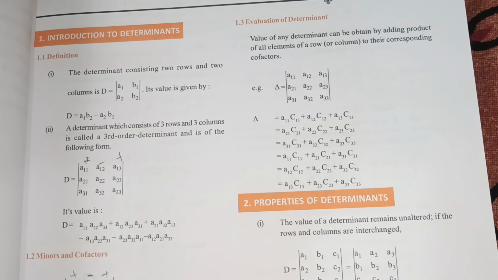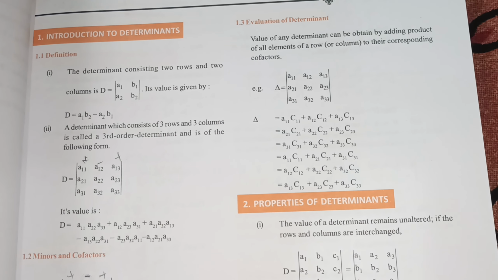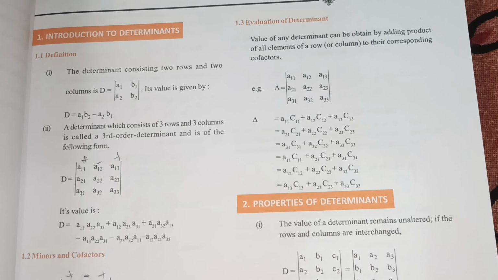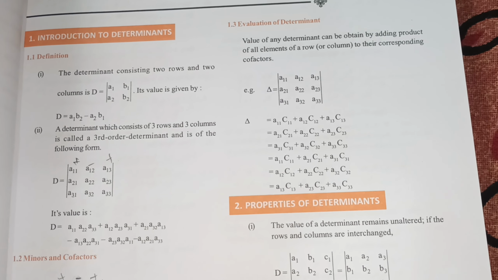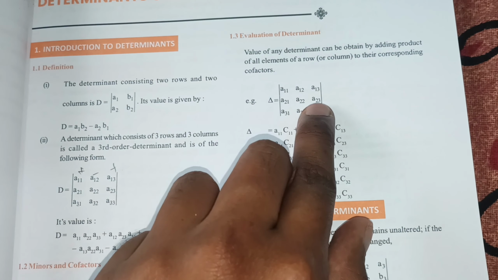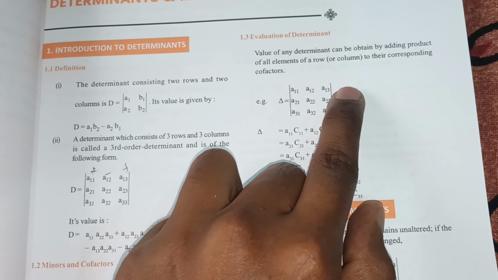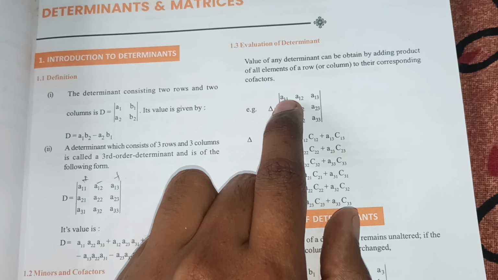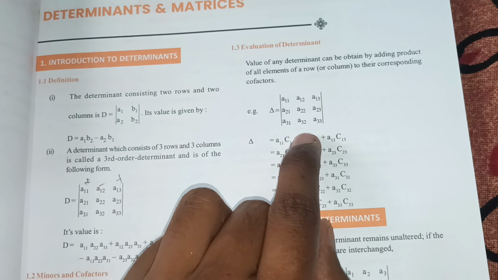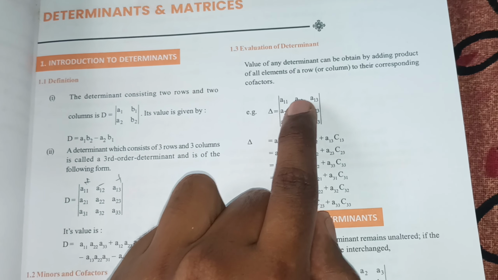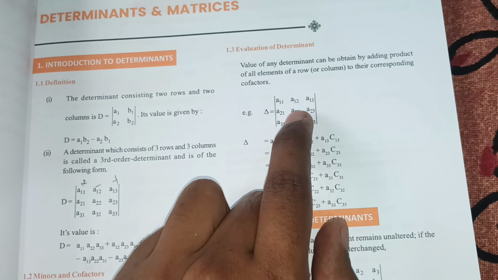So here, delta equal to what? Delta can be equated as A11 into C11, so this one into this one, and here plus minus plus. So here the cofactor is what? Cofactor is minus 1 into this cofactor minor, minus 1 whole power 1 plus 1 is 2.